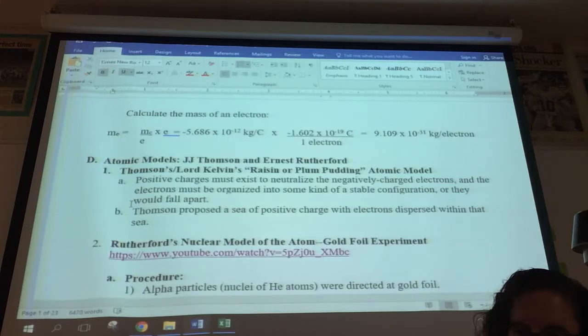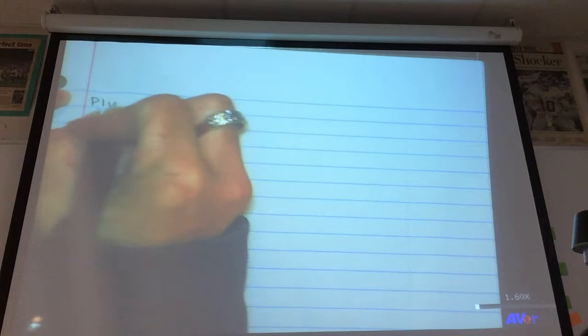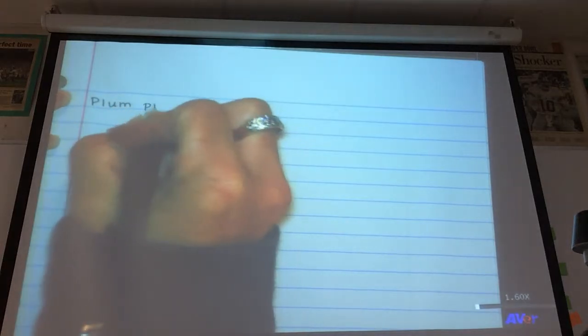So from J.J. Thomson's findings, Lord Kelvin, along with J.J. Thomson, came up with what's known as the plum pudding model. And again, you saw this in honors.